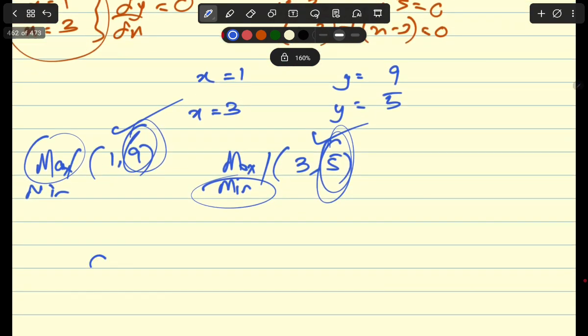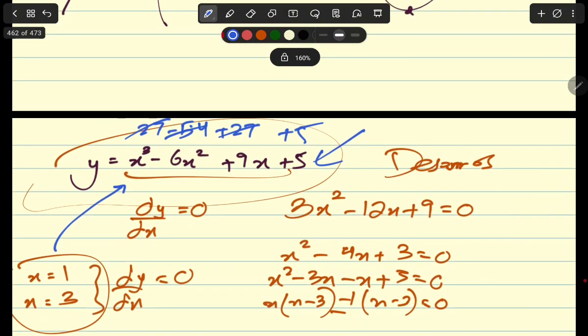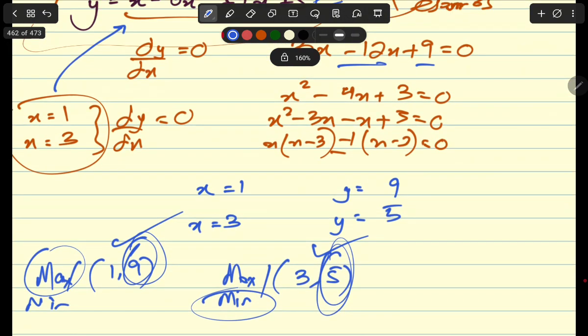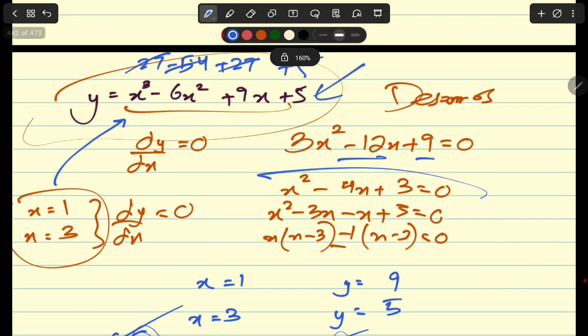Our dy by dx function was 3x squared minus 12x plus 9, and make sure that you are not using the factored out version, right? Just use the actual dy by dx expression.